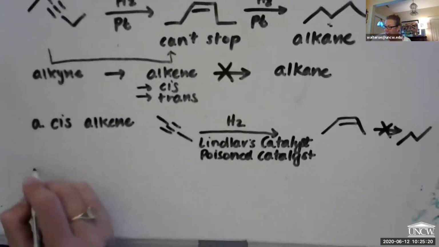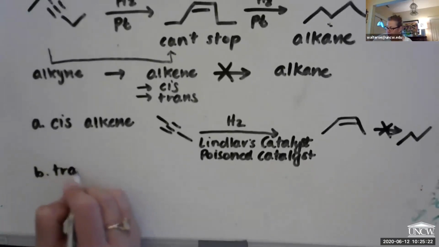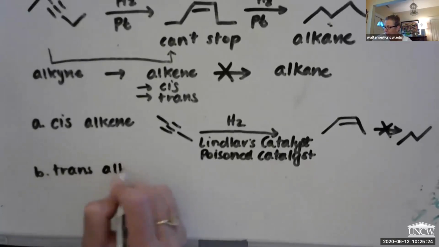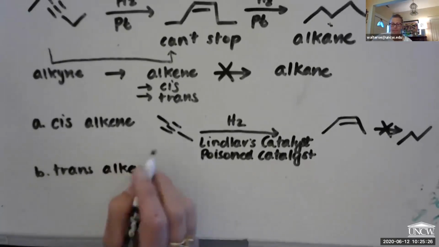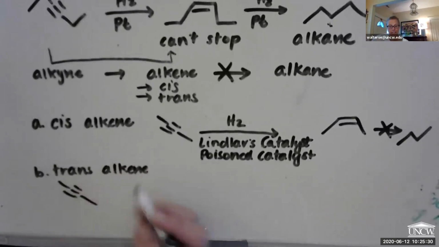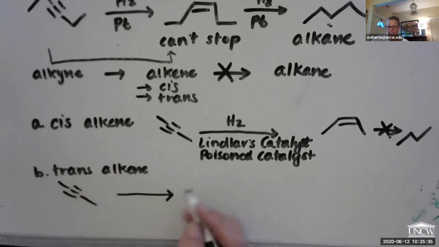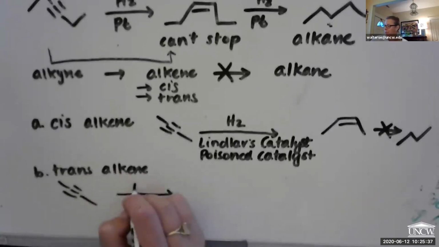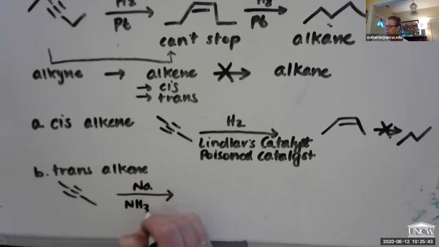Now, if instead you want a trans product or a trans alkene, then what you do is you take your substrate alkyne and you use a reactive metal. So you'd actually put solid sodium or solid lithium into a very cold ammonia solution.